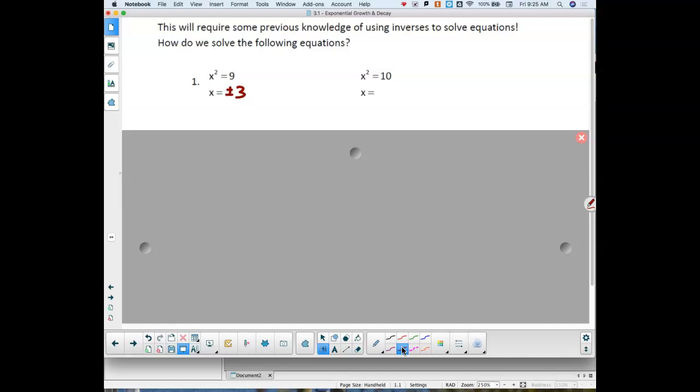X squared equals 10. What would you get there? What do we get for x here? Plus or minus the square root of 10. Love it.